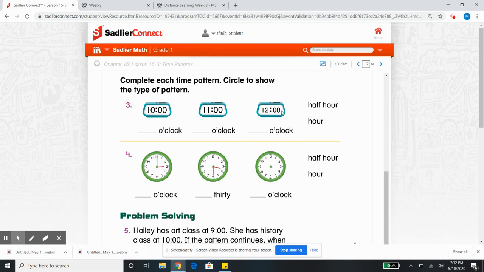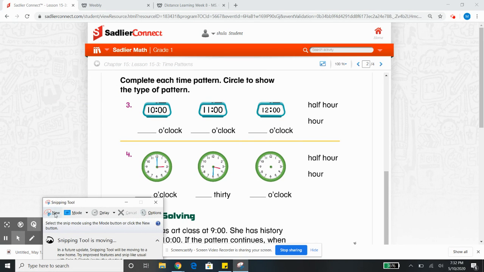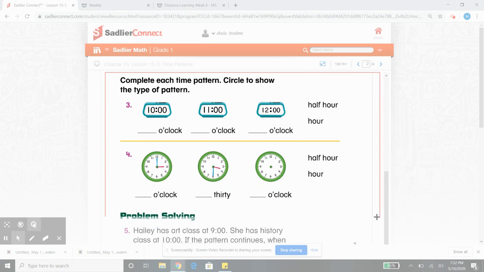See if you are making a half circle or if you're going around in a full circle. That's going to help you determine if it's going by 30 minutes or a full hour. So if I have 10 o'clock, 11 o'clock, 12 o'clock, I am going by a full 60 minutes, which is a full hour. So this pattern is going to be by the hour.